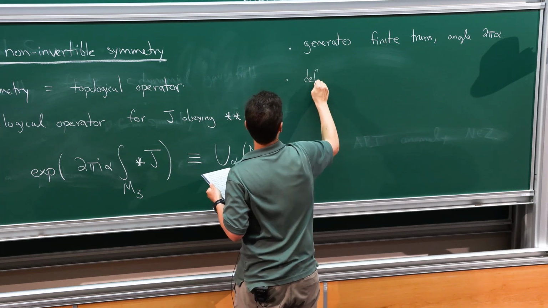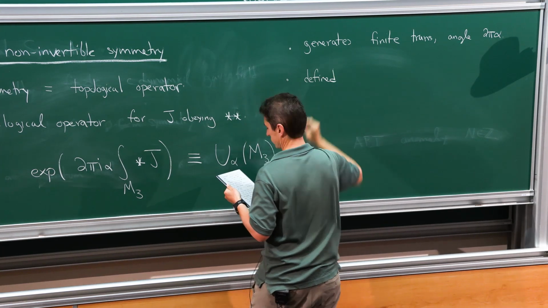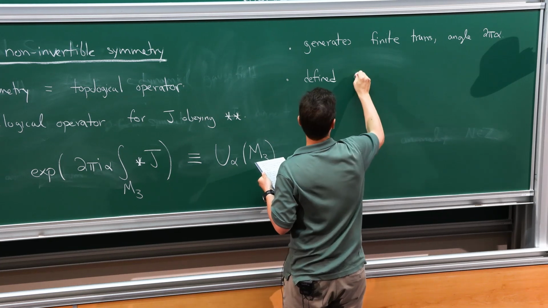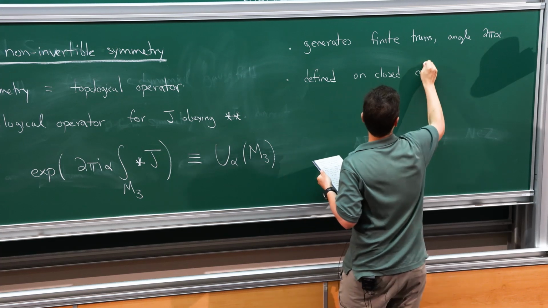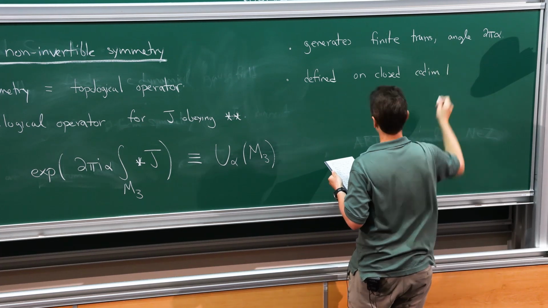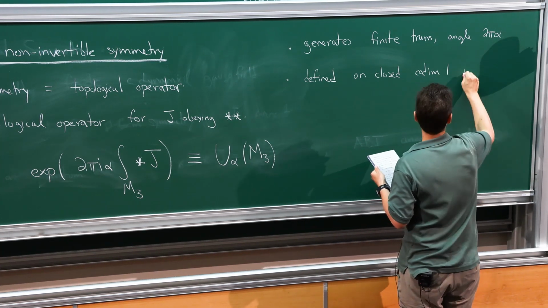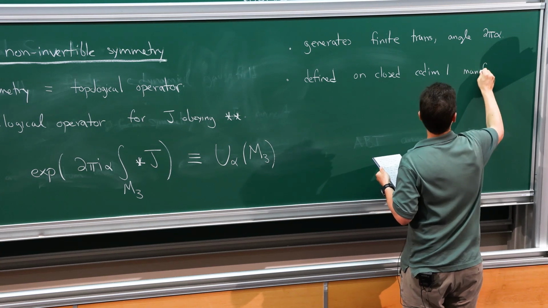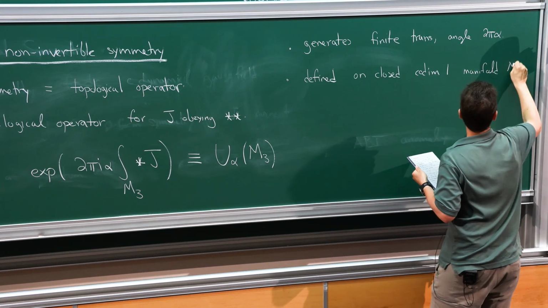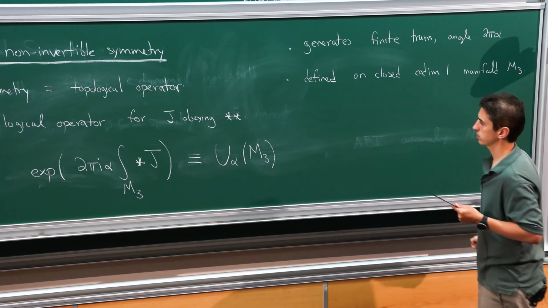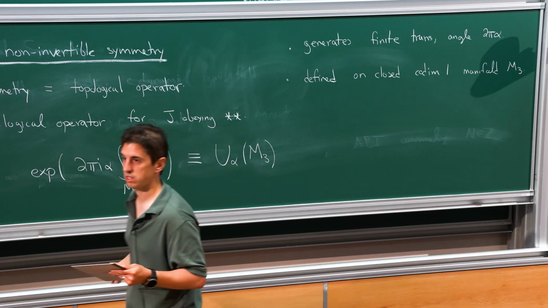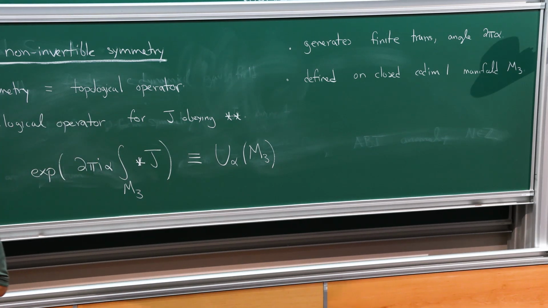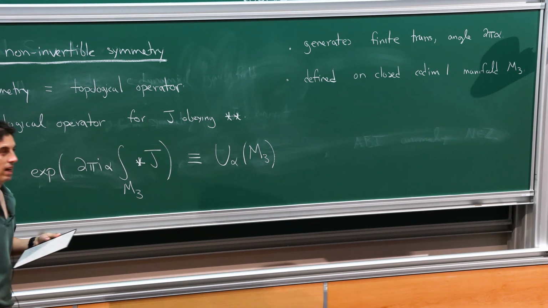It is defined on a closed codimension 1 manifold M3. Makes sense. We're trying to define a zero-form symmetry. We're in 4 space-time dimensions. M3 you could think is like a spatial slice where you want to act.